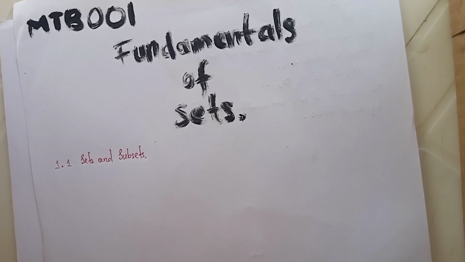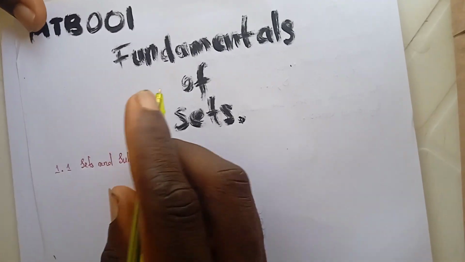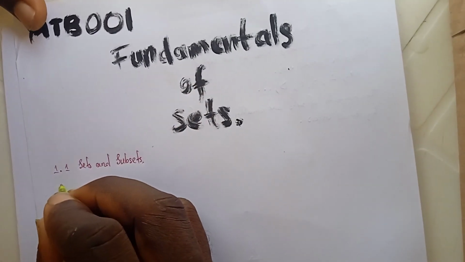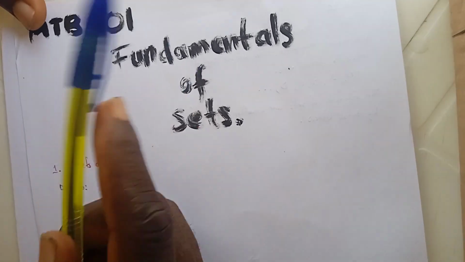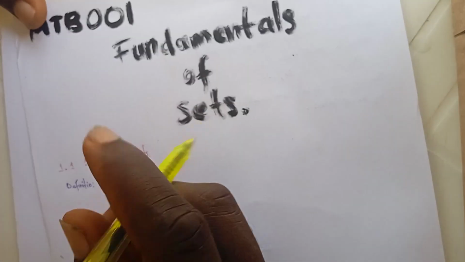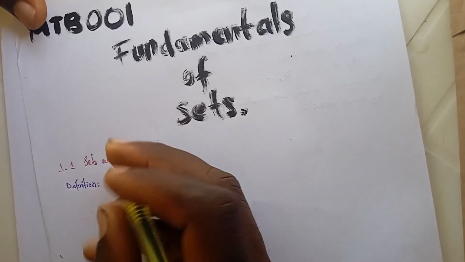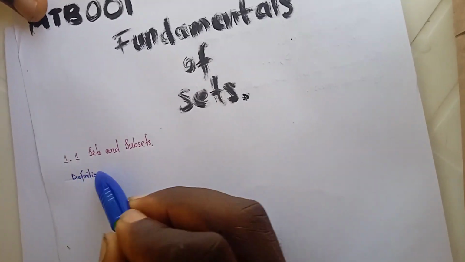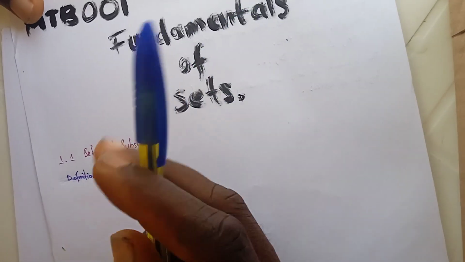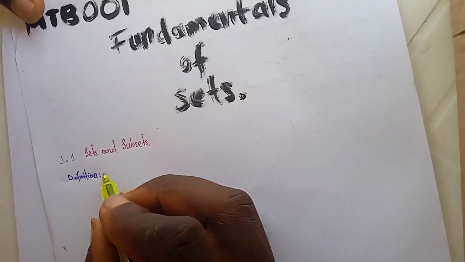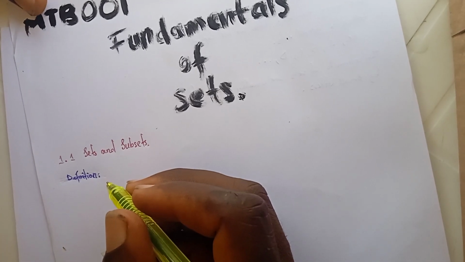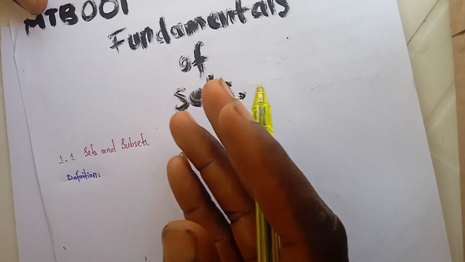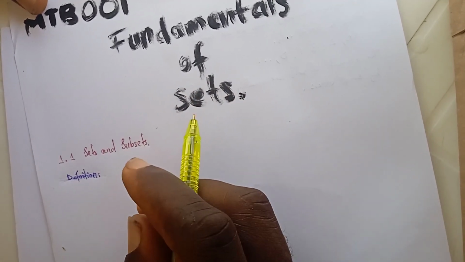So it's good to start with the definition of a set. A set is any well-defined collection of objects called the elements or members of the set.